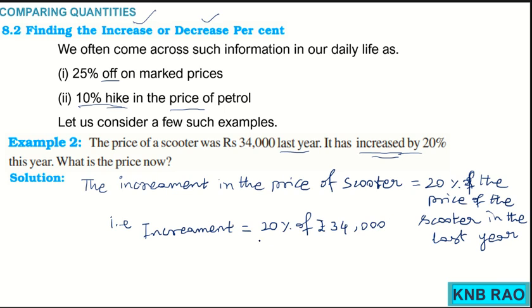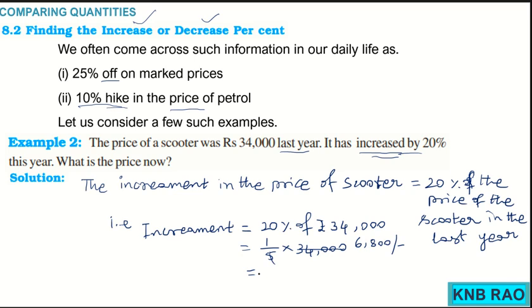34,000. You know how to find 20% of 34,000, which comes like 1 upon 5, that 20% is nothing but 1 upon 5 into 34,000. On cancellation, it gives you 6,800.